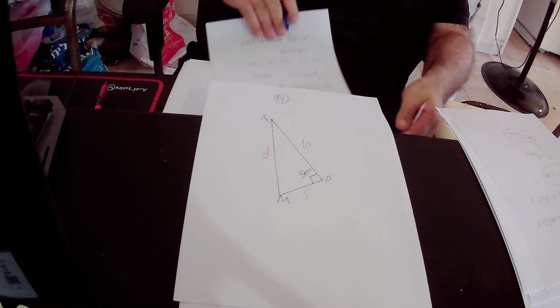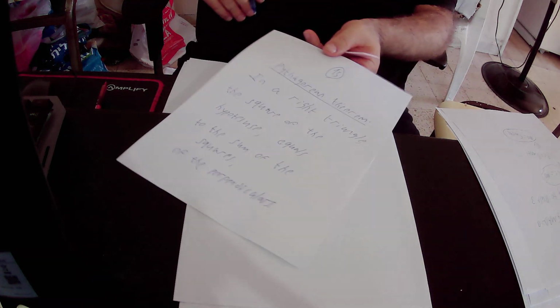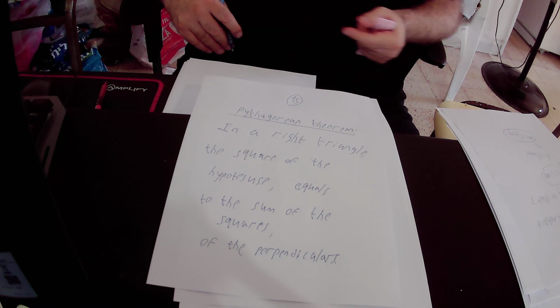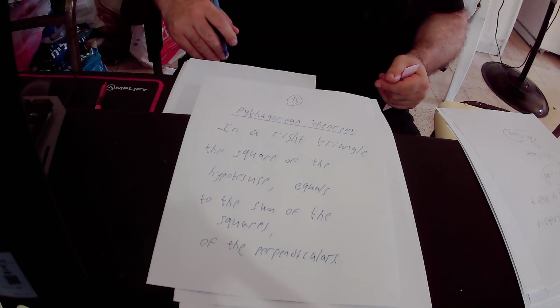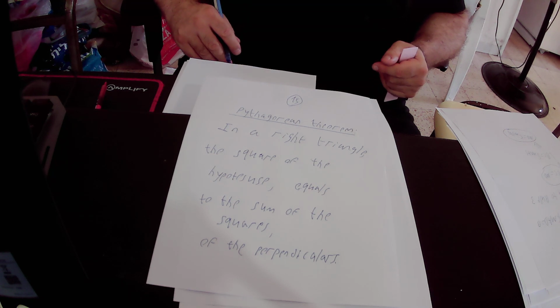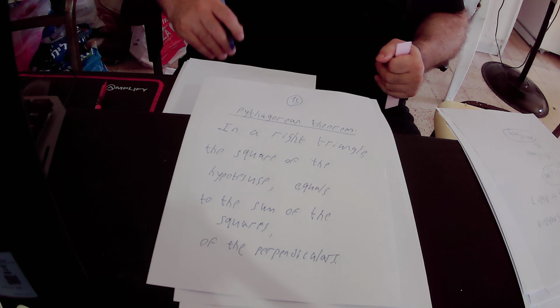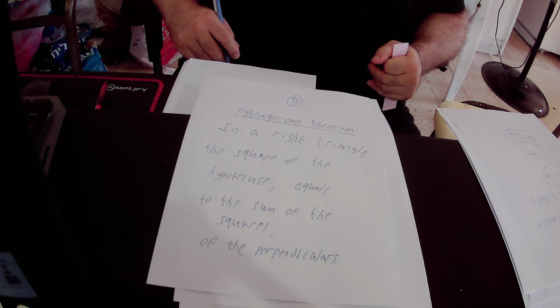So I will read the Pythagorean theorem again. It applies only to right triangles, so only in a right triangle the square of the hypotenuse equals the sum of the squares of the perpendiculars.